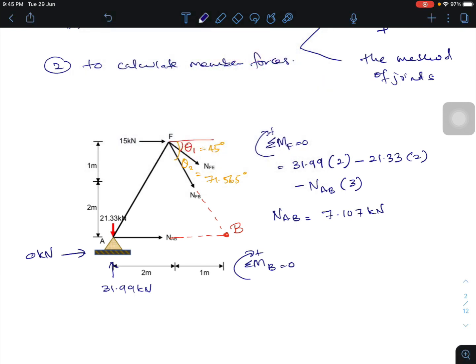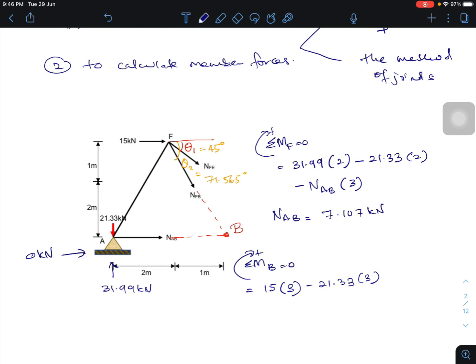Now we consider this point load at F. It will rotate in clockwise direction, so 15 kilonewton times the vertical distance from F to B of 3 meter. And then we have this 21.33, which will rotate anti-clockwise, so negative 21.33 times 3 meter, the horizontal distance from A to B.